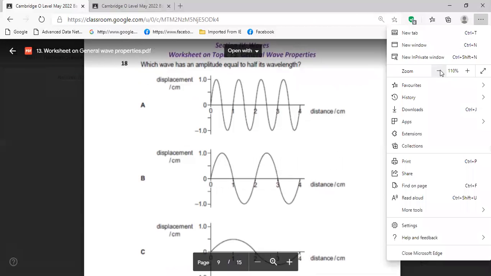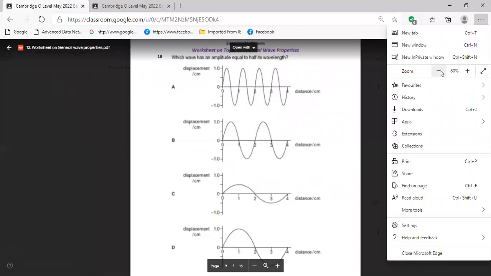Mahi, you read it. Okay, sir. Which wave has an amplitude equal to half its wavelength?